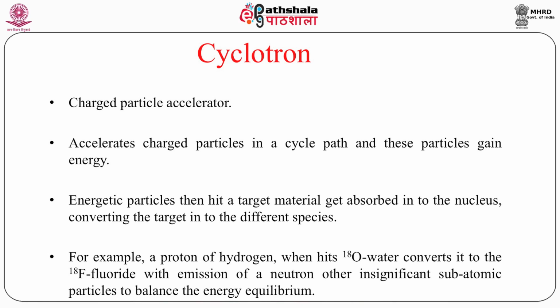For example, a proton, hydrogen, when it hits O18 water, converts into fluoride with the emission of a neutron, another insignificant subatomic particle, to balance the energy equilibrium. And definitely, whenever any reaction takes place, it has to be balanced. When the neutron gets emitted, some energy also comes out. This is how the reaction is balanced whenever a proton hits our target like O18 for production of F18.